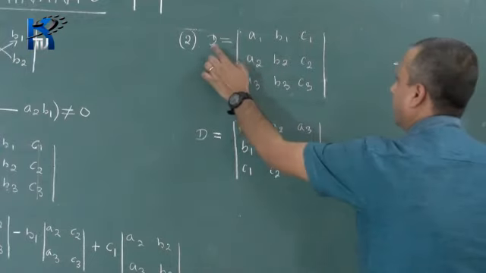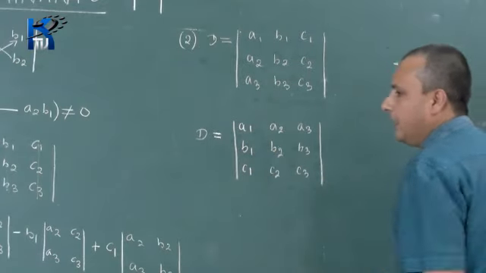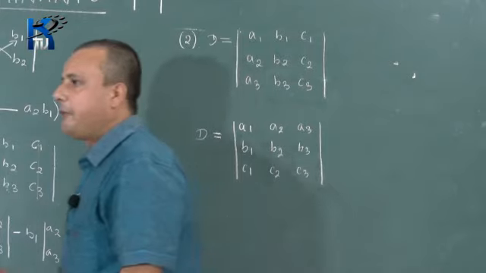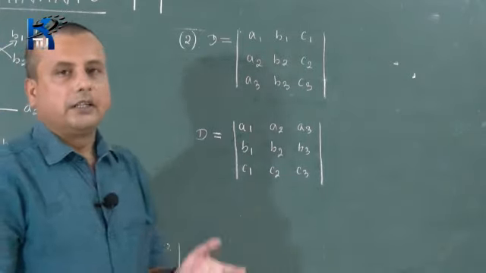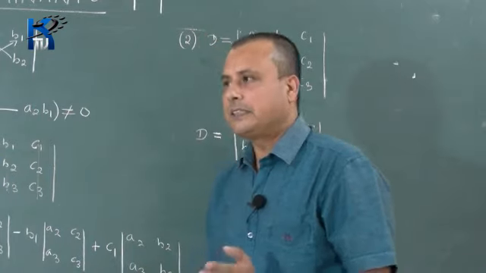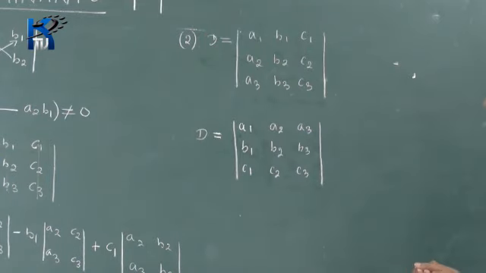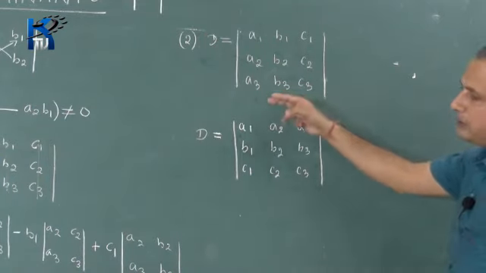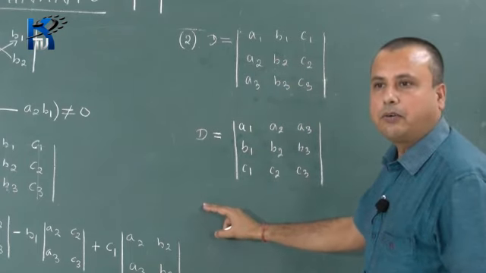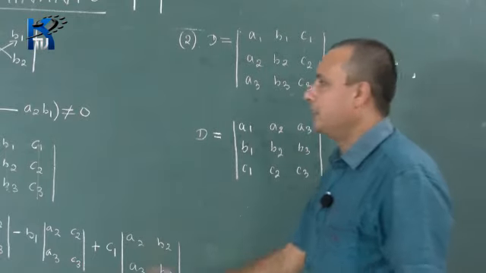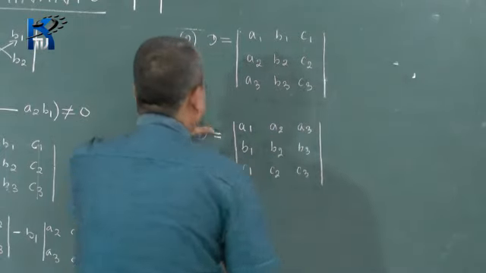If this equals D, this one is also equal to D. That means nothing will happen if you change row into column or column into row of a given determinant. But in matrices, if you change row into column or column into row, such matrices are called transpose matrices. But in this case, the value will remain the same.